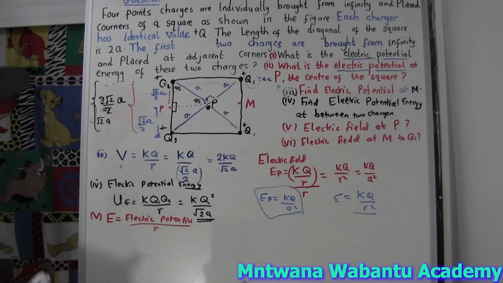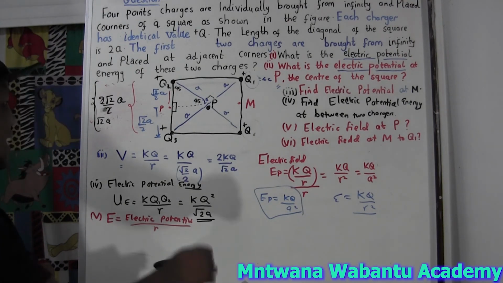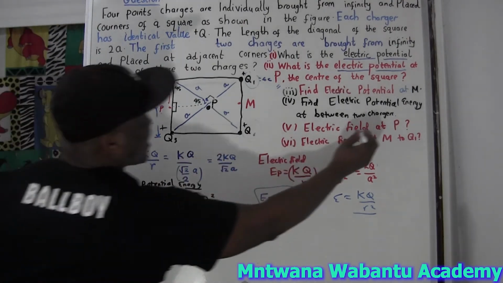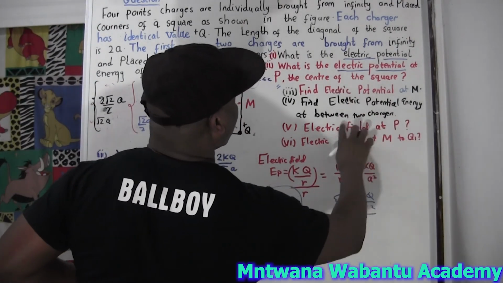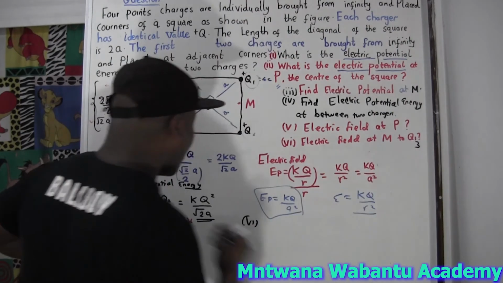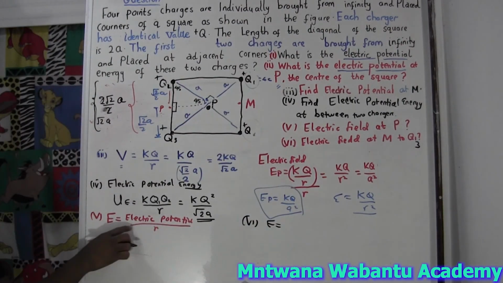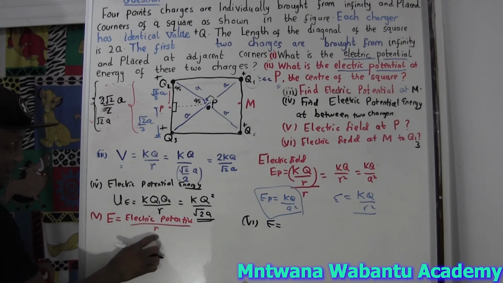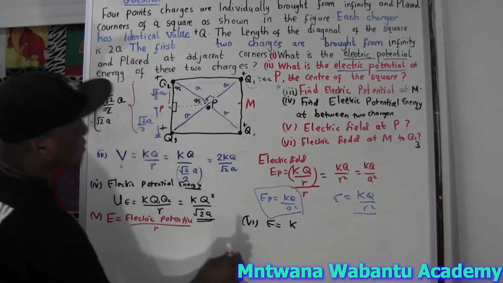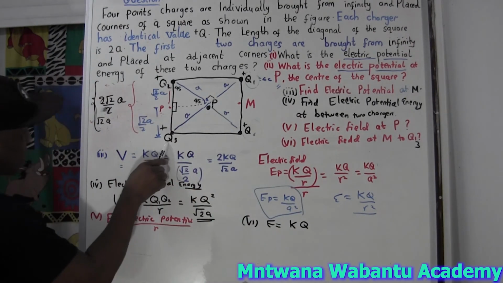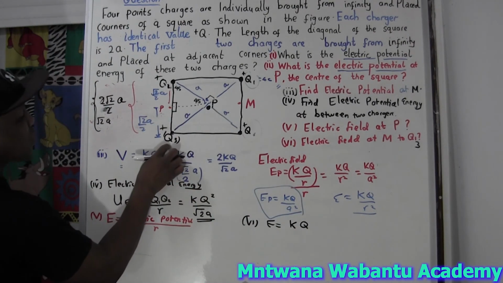Now we go for the last one. Electric field at M due to Q3. It's the same thing, just like what I did here. Let's make it Q3, from M to Q3. Electric field equals electric potential over R. So it's going to be K times the charge of Q3, which is positive.